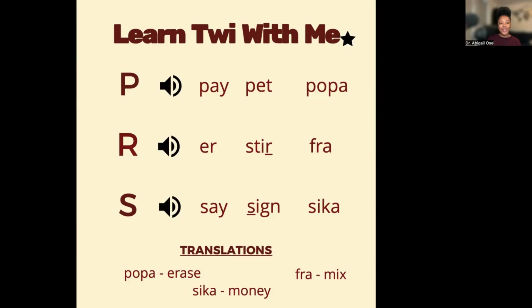Then r. The R is very difficult for many people, depending on what language you first started speaking. There are some things in Twi, and I've only realized this as I've been sharing more and more Twi with non-Twi speakers.